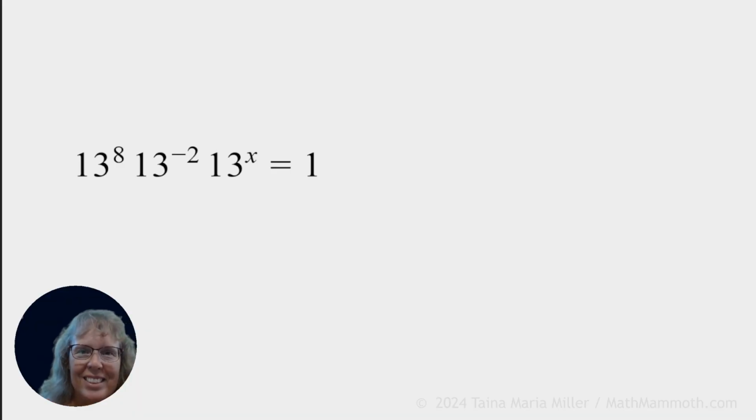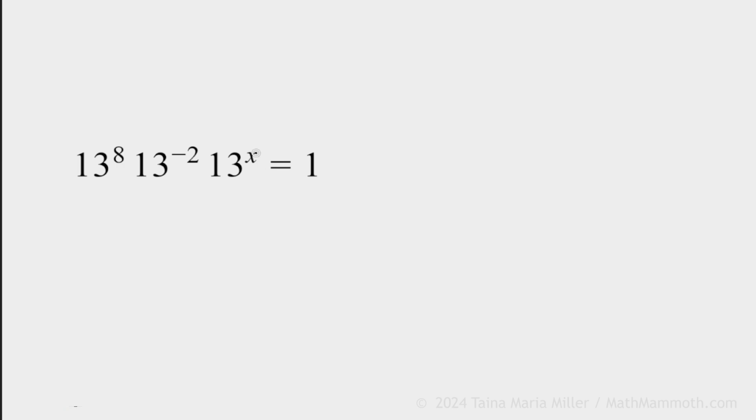The next exercise is where we need to find the unknown. Okay, here it is. I found it. Just joking. Okay, find the value of the unknown is what I should say, right? What should x be to make this equation true? If you think about it, on this side we have 1, and on this side there's 13, 13, 13, different powers of 13. So we can combine these.